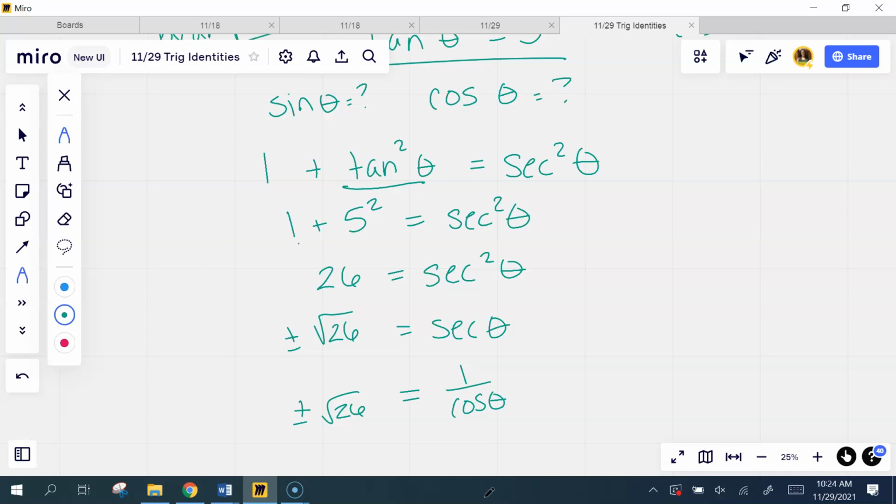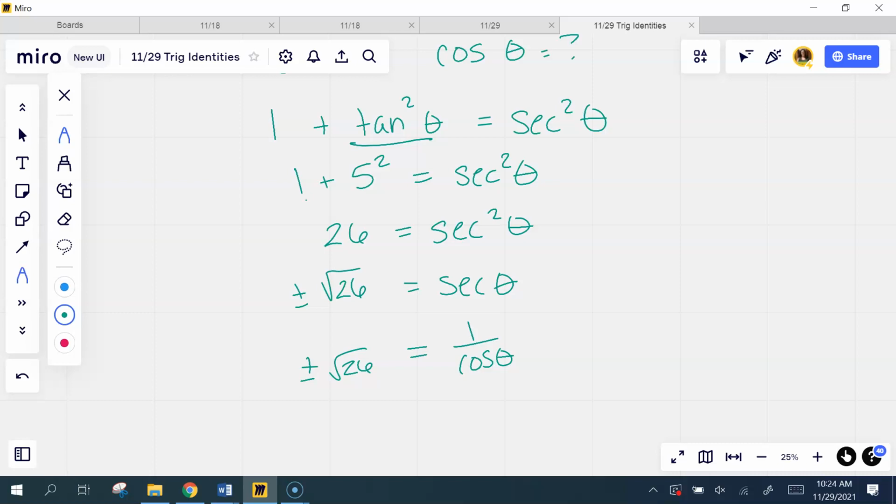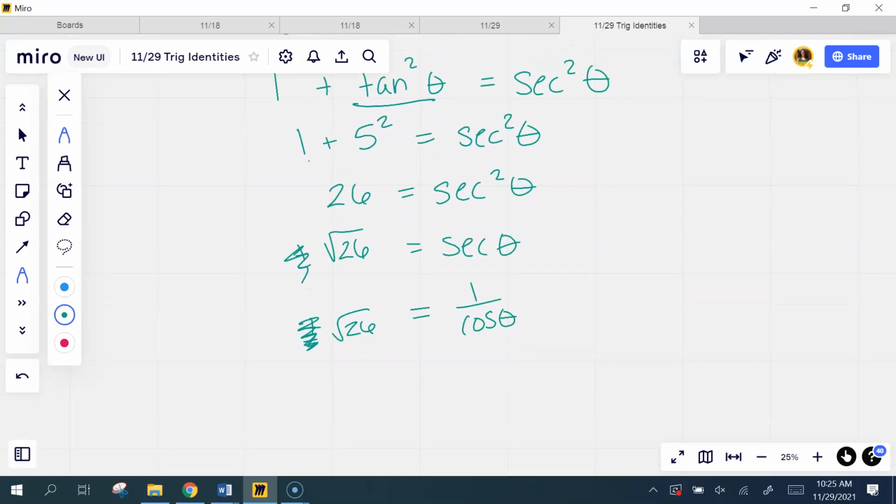Now what? It's got to be positive. You're exactly right. So what does that tell me about this? Right? Because initially it defined cosine being only positive. Okay, now what? That's exactly right. That's what cosine is.